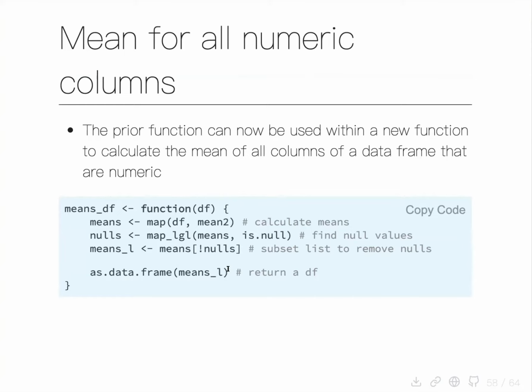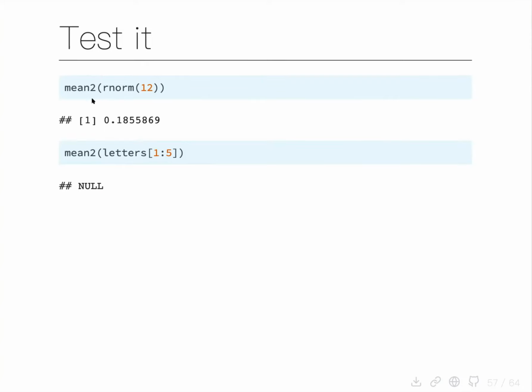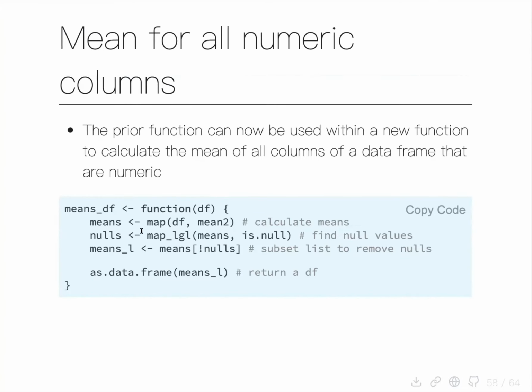We wrote this function, and we're going to use it within this larger function, which I'm calling means_df. This is a very common approach, and actually best practice is to write a bunch of different functions, and I'll talk more about why that is next week, I think.